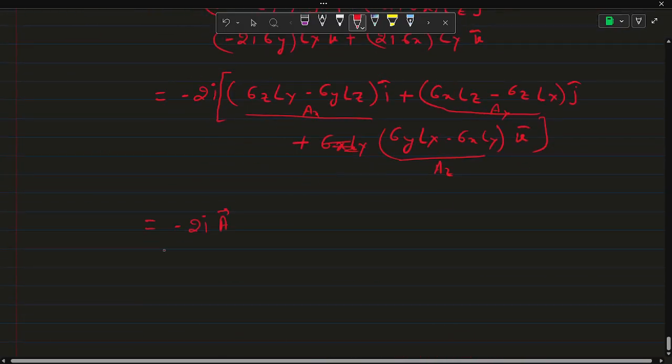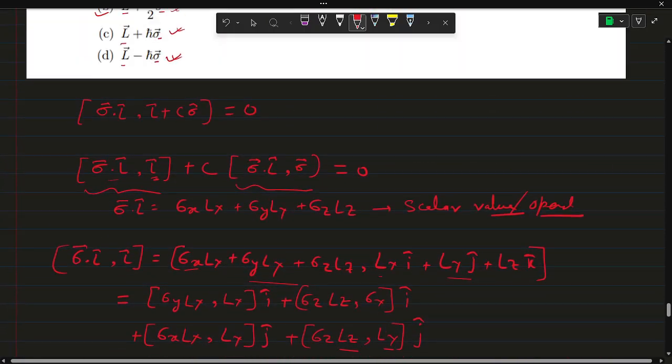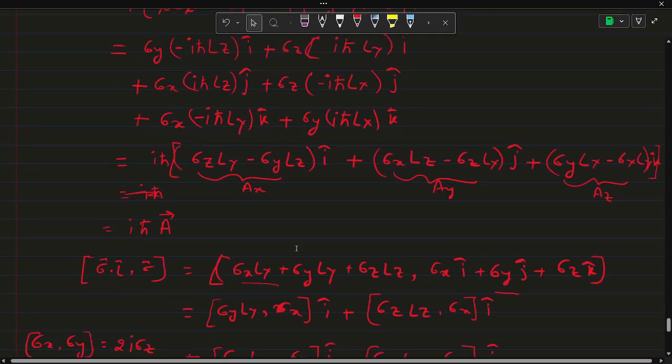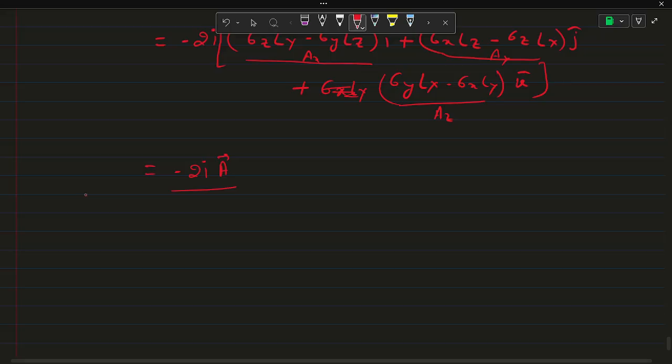So now putting these two values in the equation, where is the equation? So in this equation, this is sigma dot L. The L is i h cut A, so we can write i h cut A plus C into minus twice i A is equal to 0.